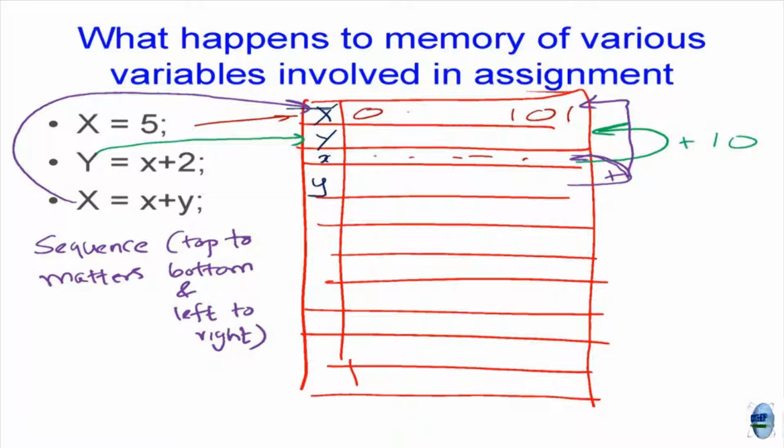Yes? Anyone? What gets stored? In the row corresponding to x, you will have the values 0, 0, whatever, 1, 0, 1. That's the first step. Capital Y equals small x plus 2. What will happen here? Small x will have some value, we don't know what value it has.